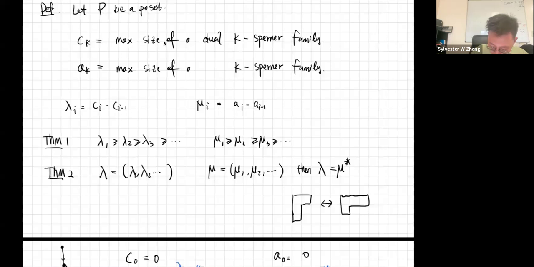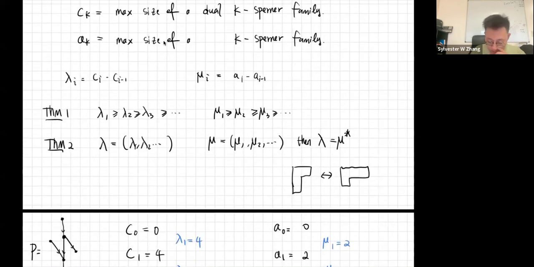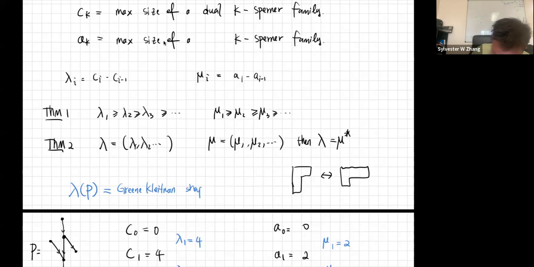Let me go back to here. Since these numbers are partitions, we are able to give it a name. For any poset, we denote this partition by lambda of P. This is the Greene-Kleitman shape.